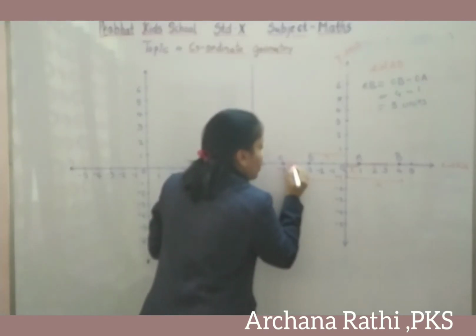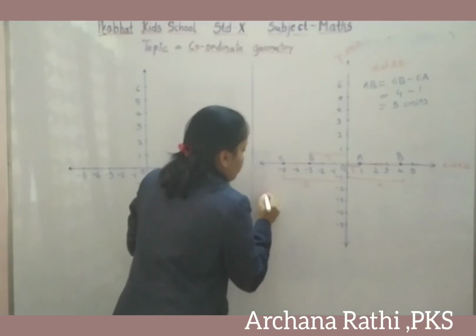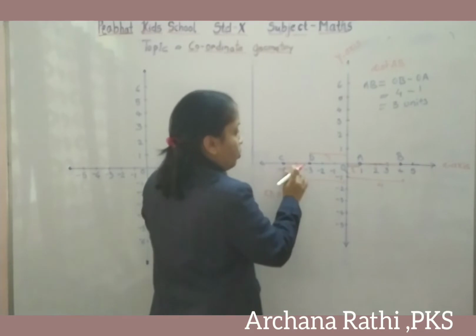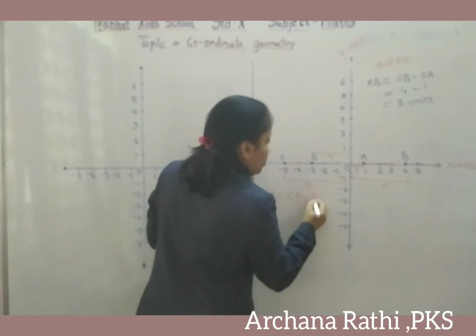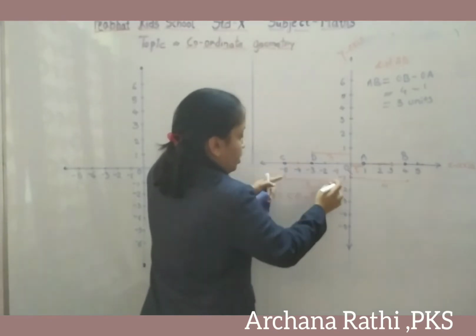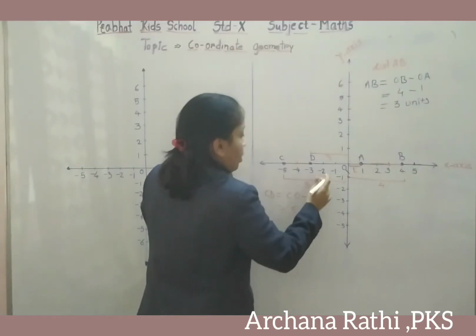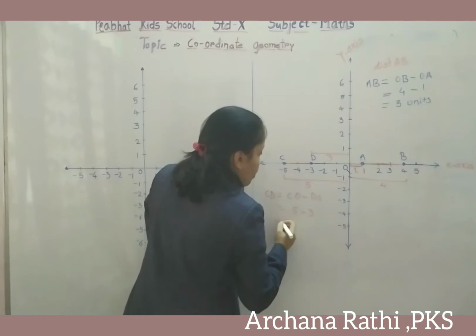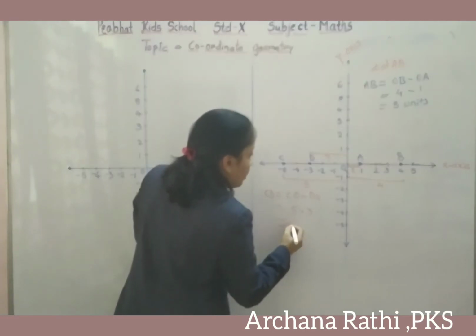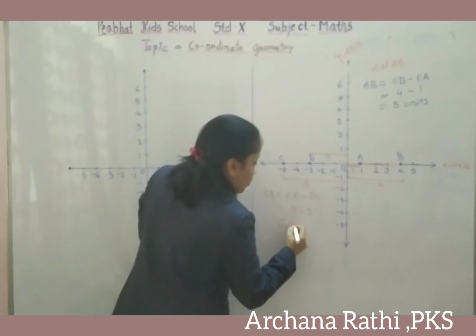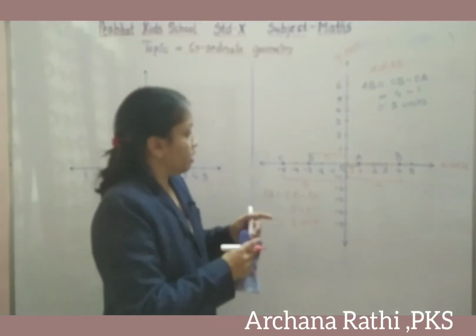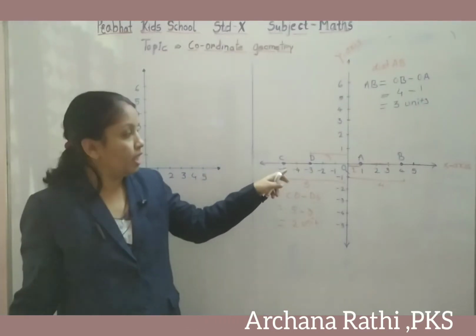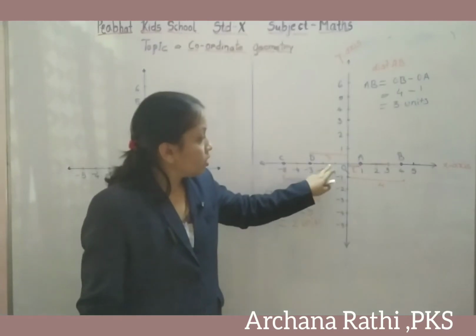I want to find the distance CD. Now distance CD is equal to distance CO minus distance DO. Now CO distance is 5 units and DO distance is 3 units. Therefore distance CD is 2 units. Okay, the coordinates are lying on the same axis.